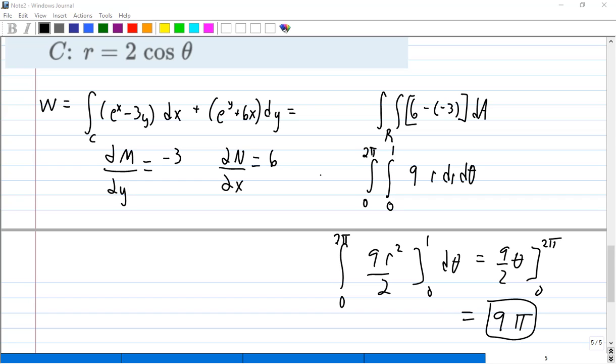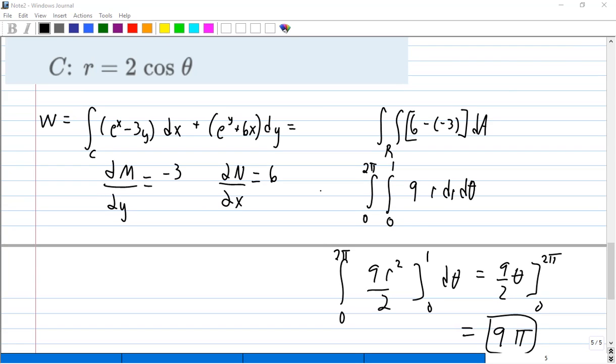Alright, let's just look at now the alternate form real quick of Green's theorem. We went over what the curl of a vector field is. That was back in 15.1.